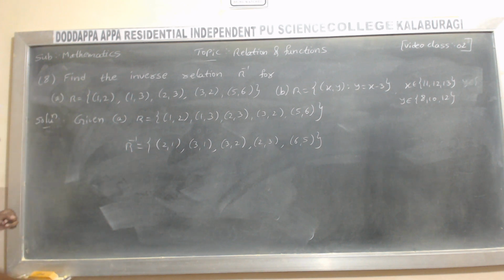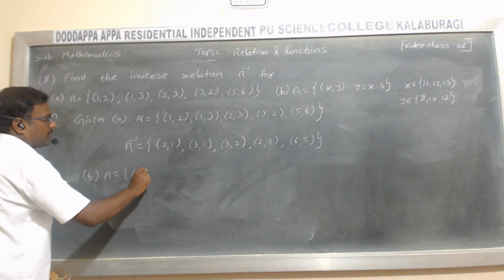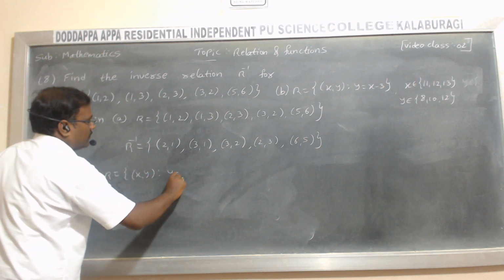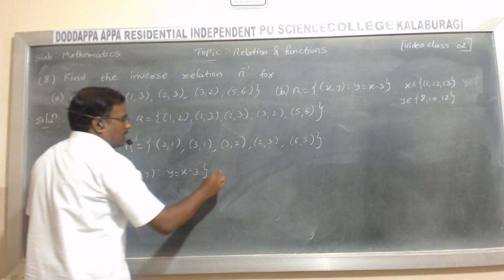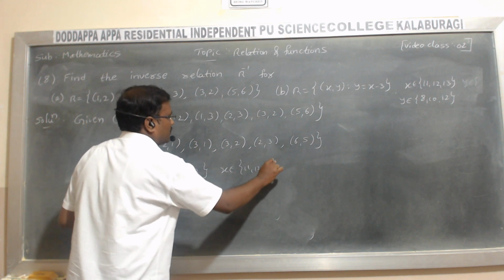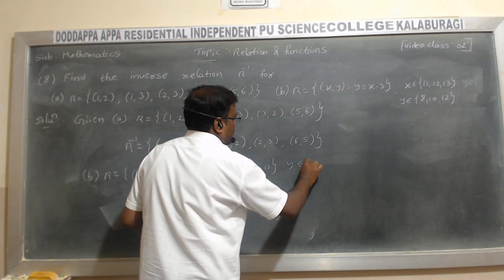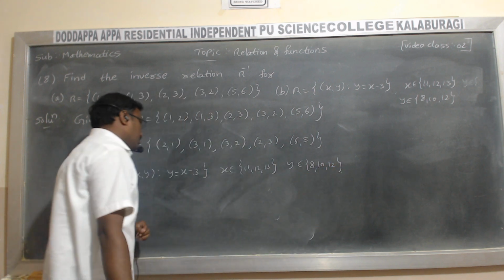Similarly you can find the second one, R is equal to the set of x comma y such that y equal to x minus 3. But x belongs to what is given? 11, 12, 13. Y belongs to what is given? 8, 10, 12. Okay.